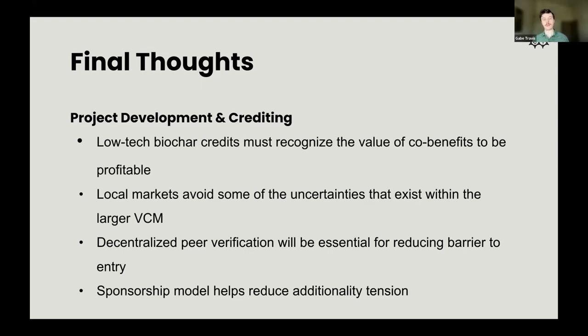I think that helps reduce the additionality tension, where we should really be seeing the payment for the credits inducing the activities, and at the scale that we're at, we just don't quite see that yet. So yeah, I think that was my last slide.